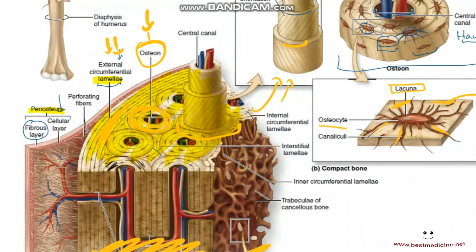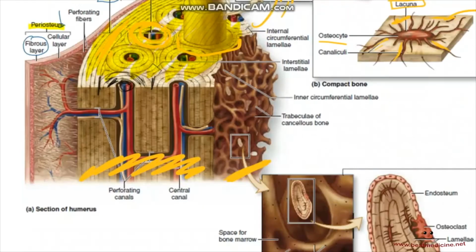The circular lamellae surrounding the central or Haversian canals, forming a Haversian system, forming an osteon. Osteon or Haversian system are the same thing. And what they also have are some blood vessels going through certain canals that are not vertical but horizontal. Okay, horizontal canals. These canals are called perforating canals, but they're also called Volkmann's canals. I'm going to write that down.